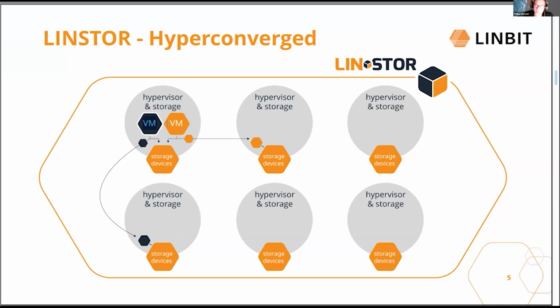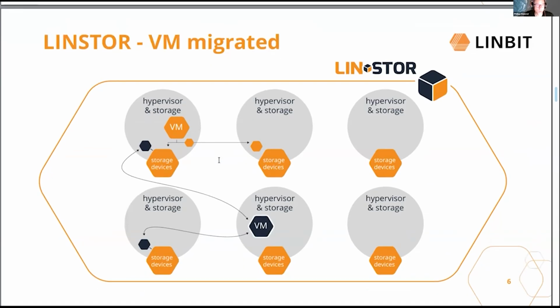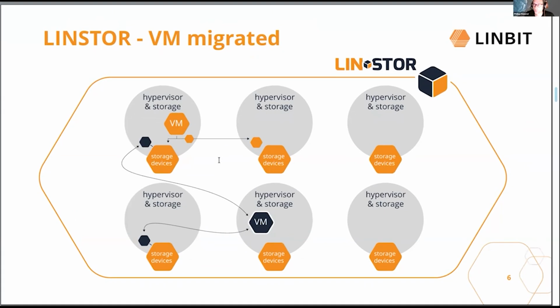So this layout gives us top performance for all read requests because we can fulfill the read requests locally without creating traffic on the network, without adding additional latency for fulfilling those requests. But of course, VMs might move, right? Maybe it's live migrated to another node where we don't have a copy of the virtual volume.